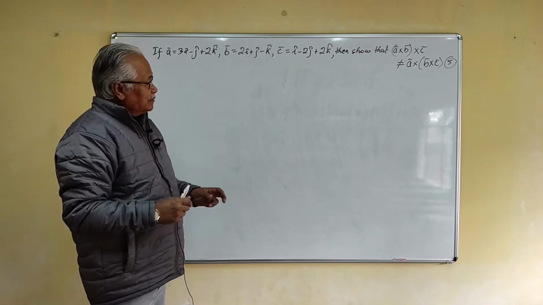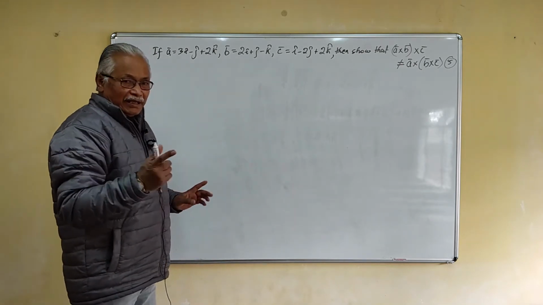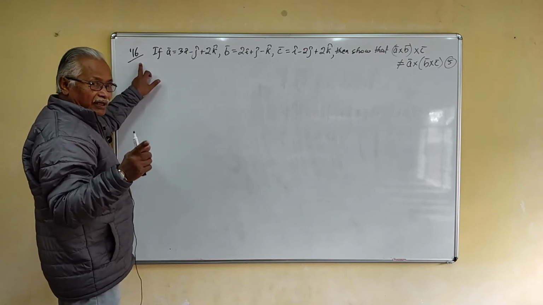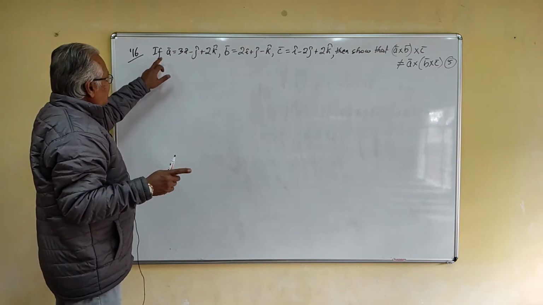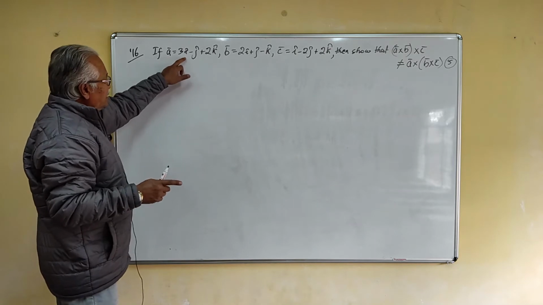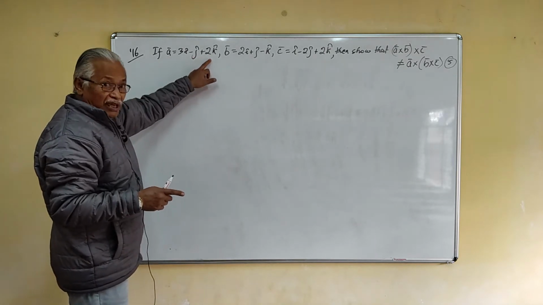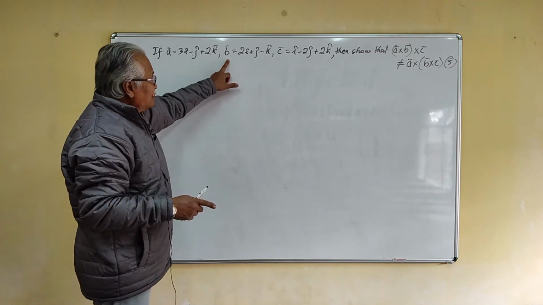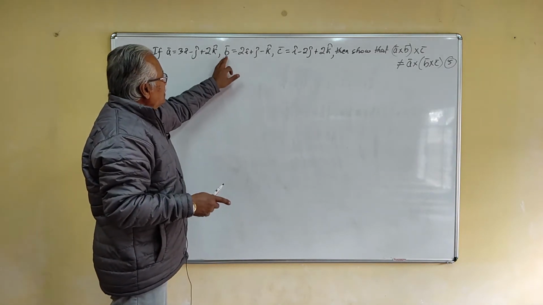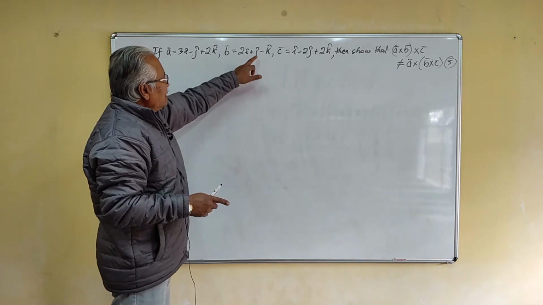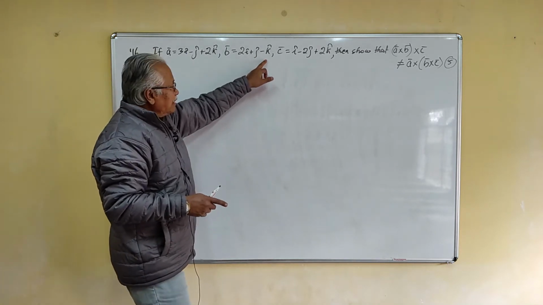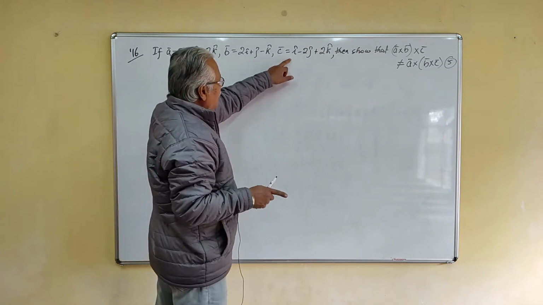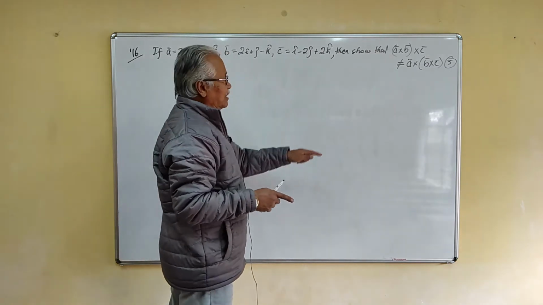So now we have taken up another question that was set in the year 2016. As you can see, you can quickly copy it down. If vector a is equal to 3i minus j plus 2k, right? That's the value of a. And b is yet another vector which has got the value 2i plus j minus k cap. And c is the third vector given to you, i minus 2j plus 2k.